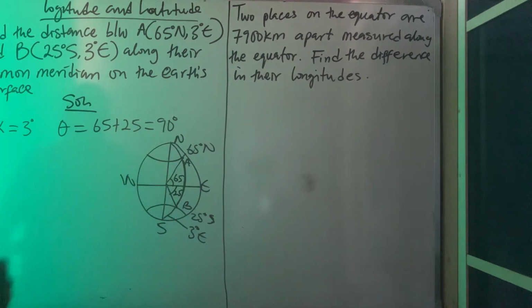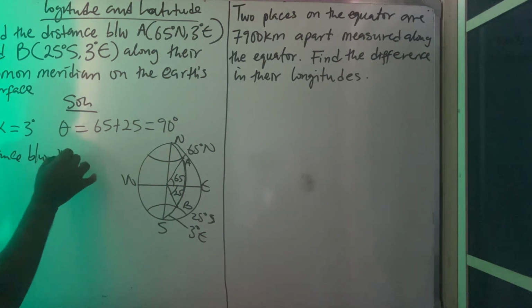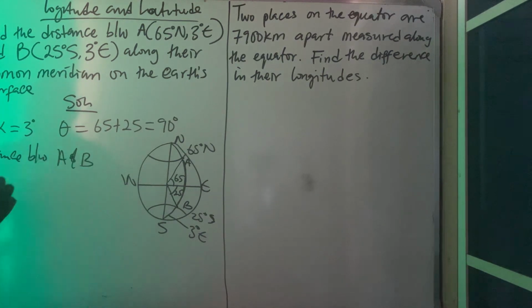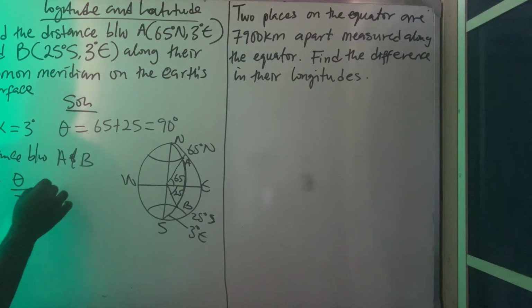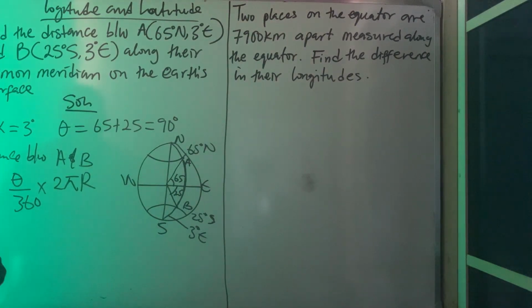So the total angle between them is now 90 degrees. And distance on a great circle, distance between A and B, is equal to what? Theta over 360 times 2 pi r.